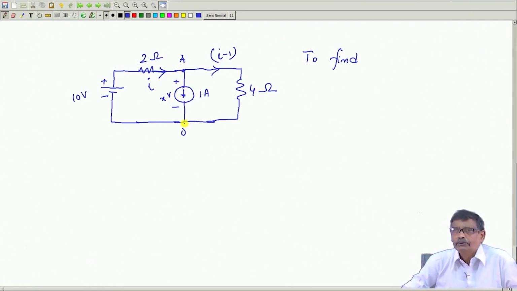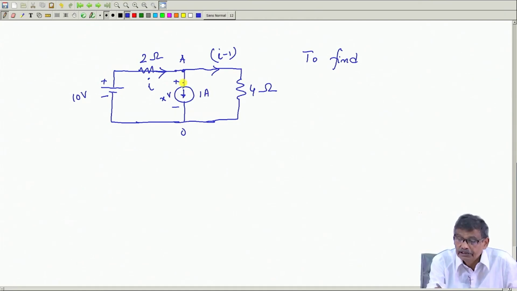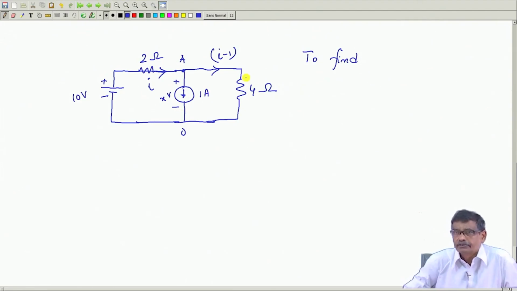Because as I told you, a current source delivers constant current, but the voltage across it, that is between these two points, will be decided by the impedances and other things connected across the current source. So that voltage is not known when you start solving a problem, and this is not surprising. In the ideal battery case also it is like this.